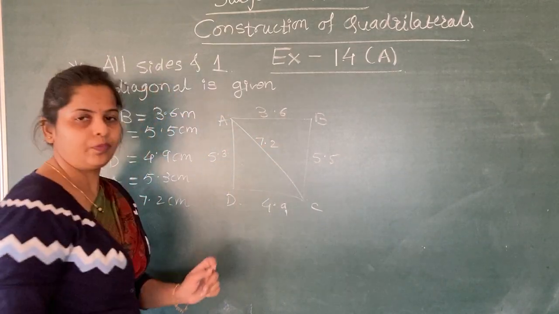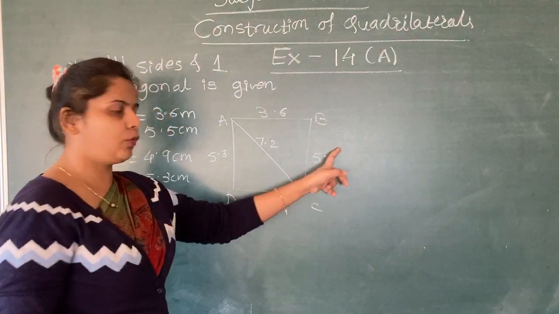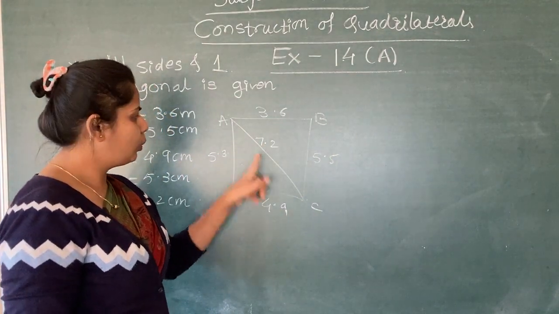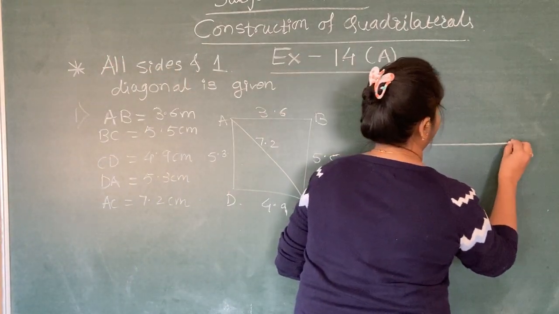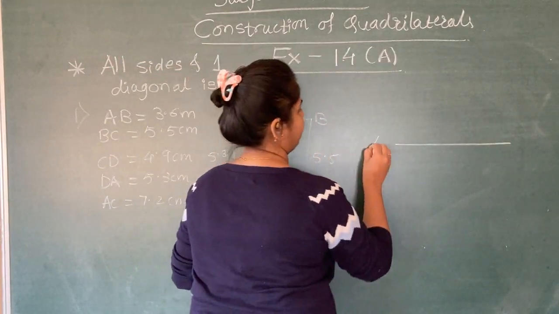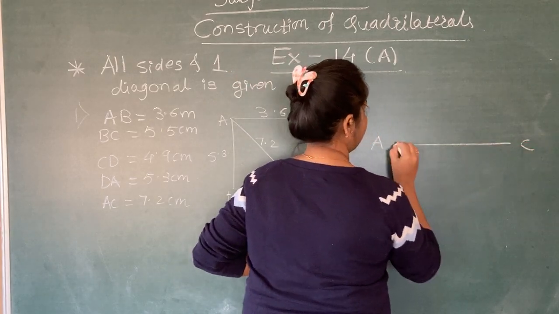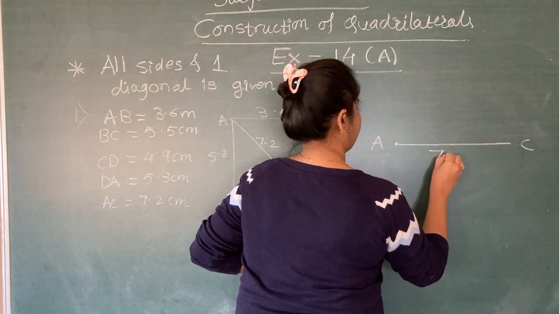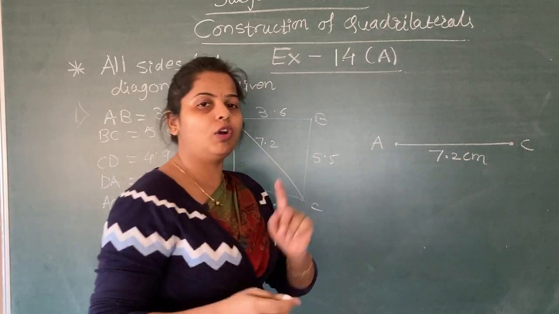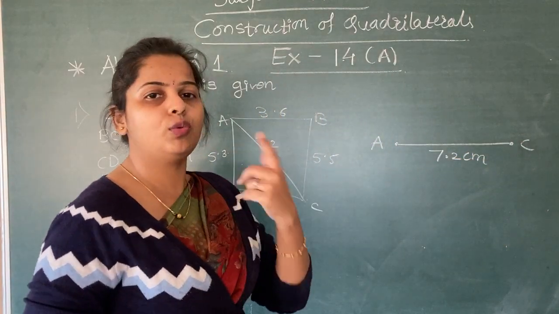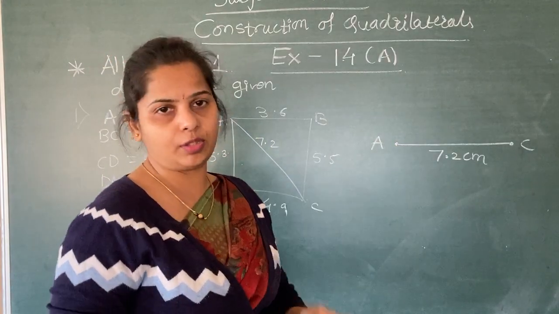These things are given. Whenever all the sides of a quadrilateral along with one diagonal are given, make your base the diagonal, and your diagonal is AC. Okay, and the measurement is 7.2 centimeter. Always write down the measurements, always write down the units, otherwise you lose your marks for all those small things.